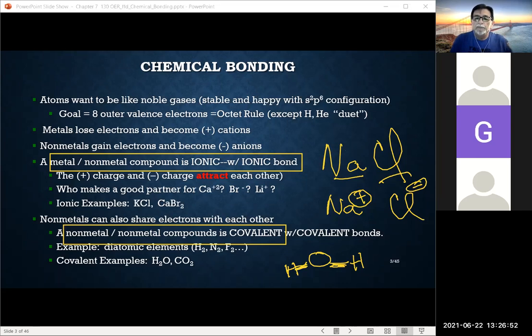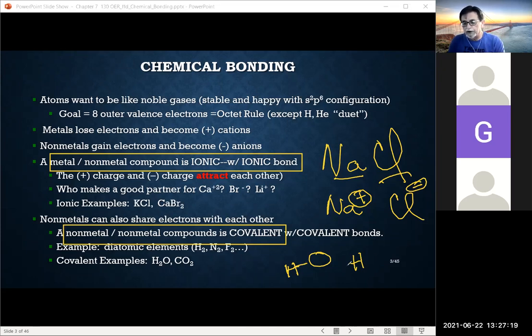Let me clear it up a little bit. Now, I'm going to draw it two ways so you can see they're both the same thing, just different ways of drawing. I can draw a line on the left side between oxygen and hydrogen. That line represents two electrons.